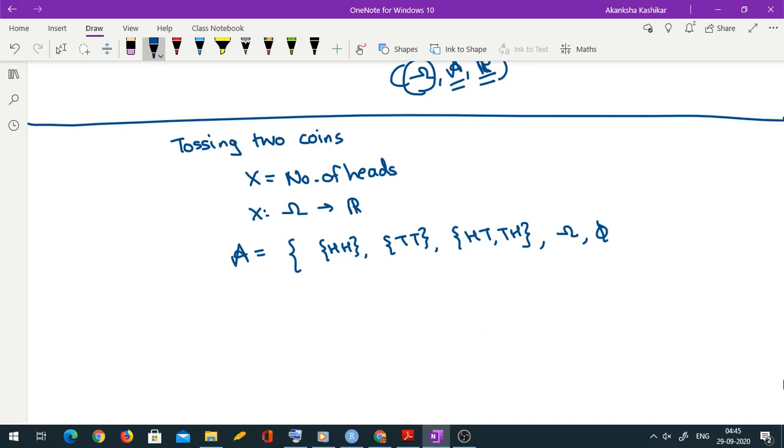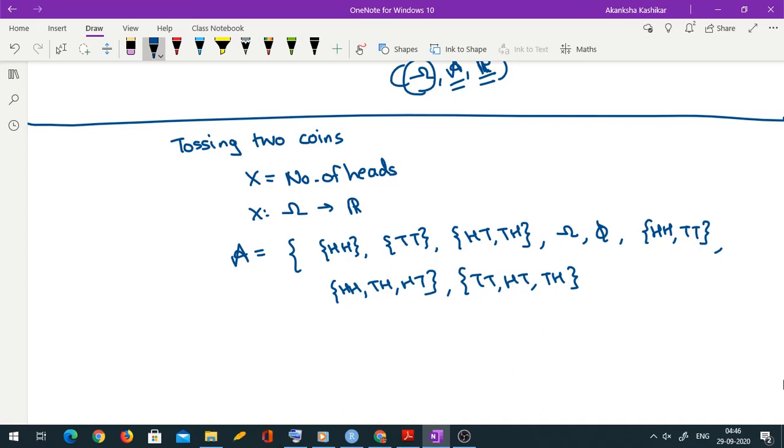Do I need something else? Yes, of course I need their unions. So HH, TT I would need. So I would have HH, TT. Then I would have HH, TH, HT, the union of first with third. I would need this union also. So I would have TT, HT, TH.